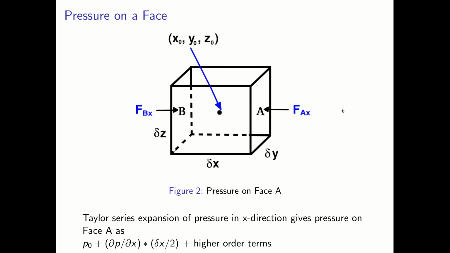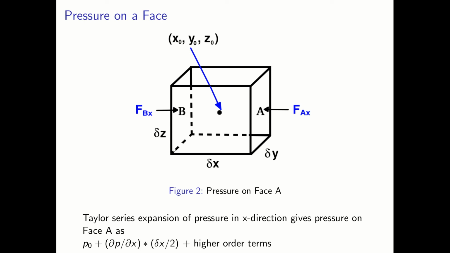So let's say if you want to calculate the resultant force, we have to calculate the forces due to pressure gradient at various surfaces. Okay. So we'll start with the one dimension in x dimension, and let's say that the force acting on the face A of this cube is Fax, and the force acting on face B is Fbx.